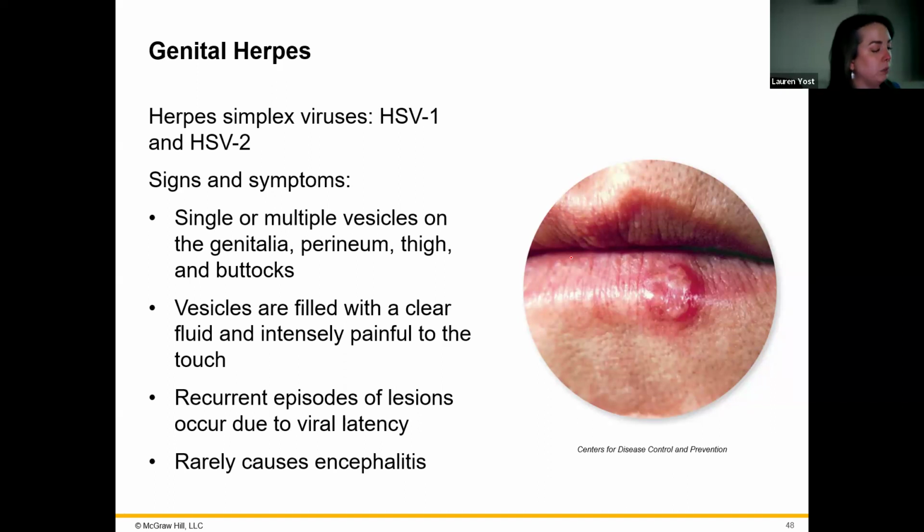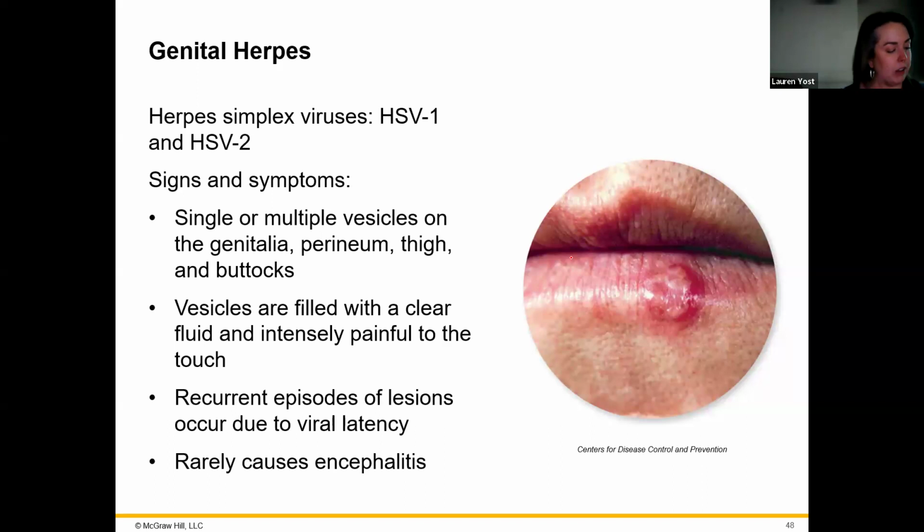And also barrier protection, wearing a condom, something like that can help protect if the vesicles are associated with that area. However, if somebody has an outbreak on like their inner thigh, wearing a condom isn't really going to protect you from that. And it's the fluids from the vesicles that are associated with herpes that are going to be spreading the disease.